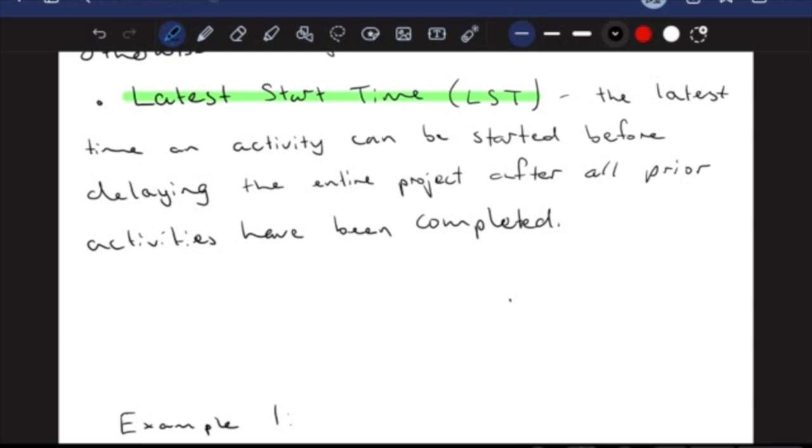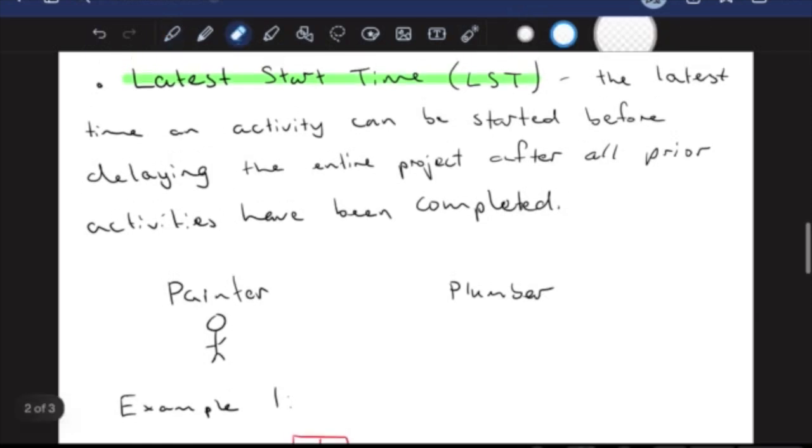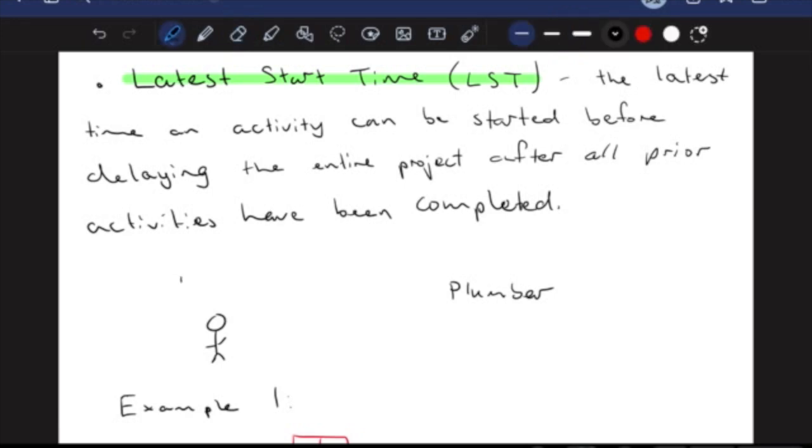You have to paint this house, and after you, there is a plumber coming to do an activity. I probably should have these the other way around. I feel like plumbing would happen before painting. So let's say you're a plumber, and there's a painter who has to come in afterwards.